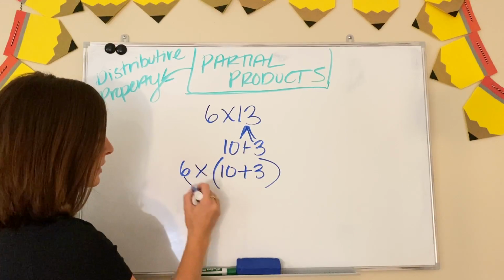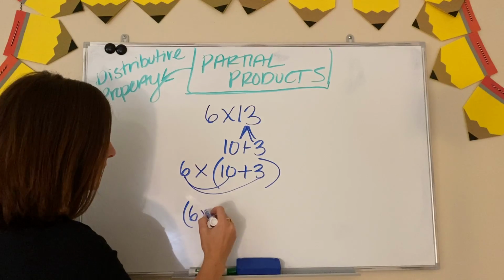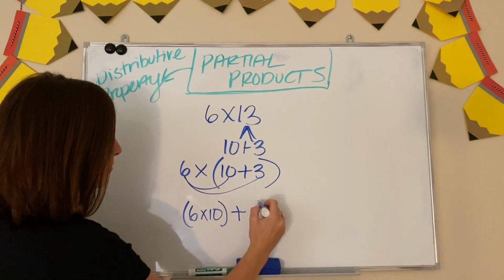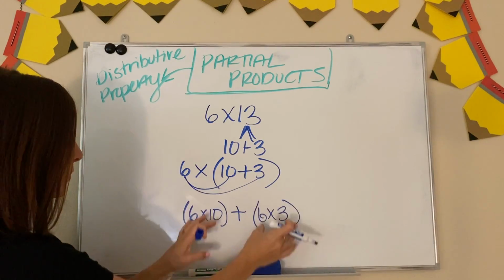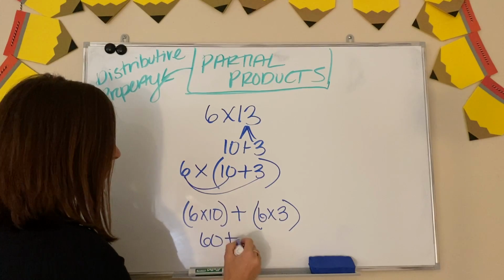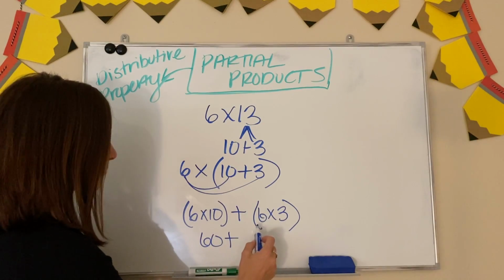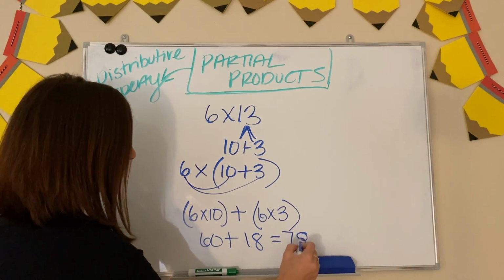Because the 6 is being distributed, it's going to be 6 in parentheses times 10 plus in parentheses 6 times 3, because I'm solving both of these separately. 6 times 10 is 60 plus 6 times 3, which is 18. So this comes out to 78.